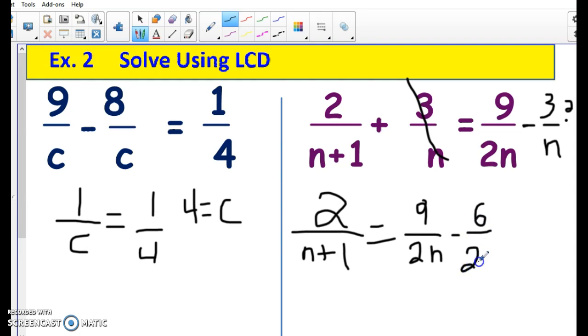And now it really just looks like this problem that we just did on the left, where I'm going to end up simplifying. Well, 9 minus 6 is 3, so then I'm going to end up cross-multiplying the 2 over n plus 1 equals 3 over 2n.